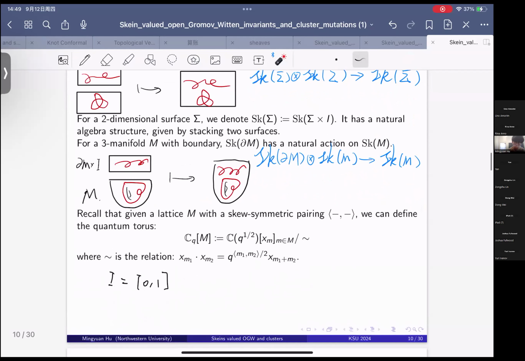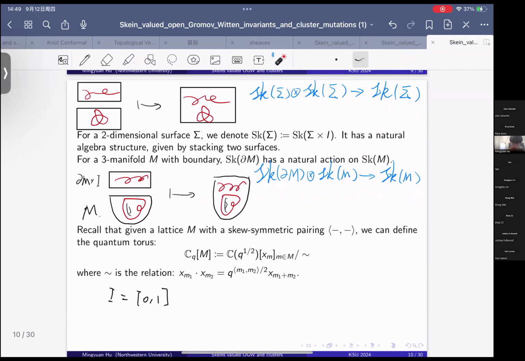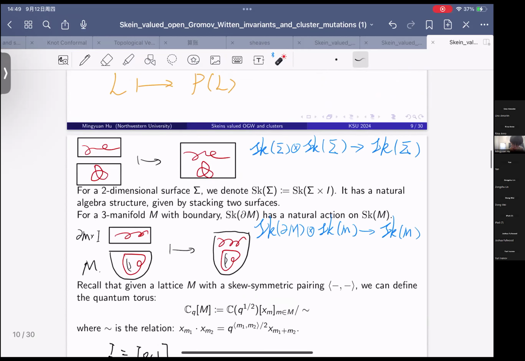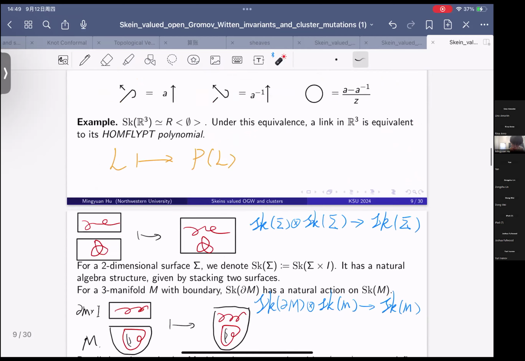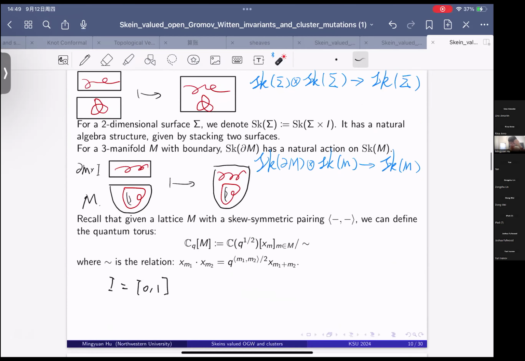On the same page, your three-manifold is the same letter as the lattice a little bit lower, so you use the same letter for two different things. Sorry, I was planning to use gamma, but I use gamma later. Maybe let's use N instead.